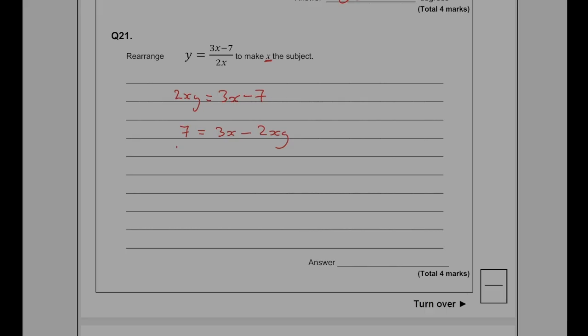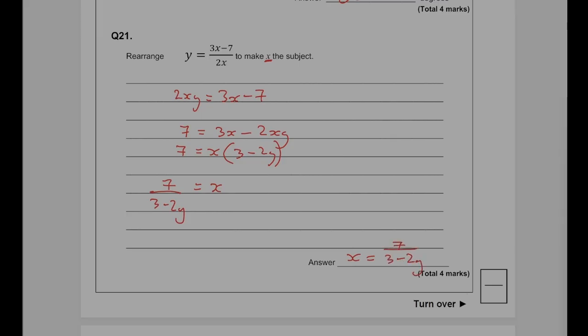I'm then going to factorise the right hand side by taking an x out, 3 minus 2y. I'm then going to divide both sides by the bracket, so 7 over 3 minus 2y is going to be equal to x. So x is going to be equal to 7 over 3 minus 2y.